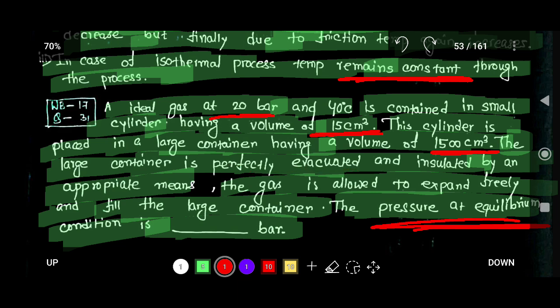If it is perfectly evacuated or insulated, that means it is a free expansion process.